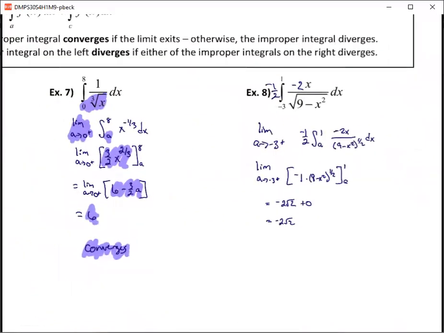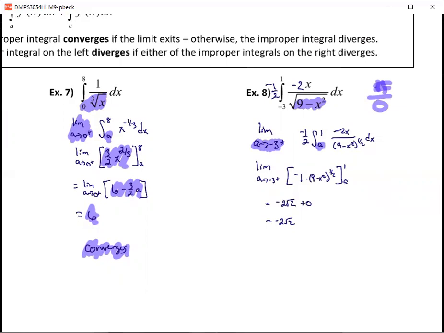On our next expression, from -3 to 1, a lot of people will look at this and say, okay, should this be improper? Well, if we plug in -3 to our denominator, we now have a number over 0, and that's what makes it improper. So we're going to take the limit as a approaches -3 from the positive side.